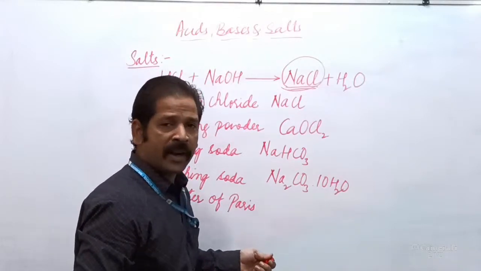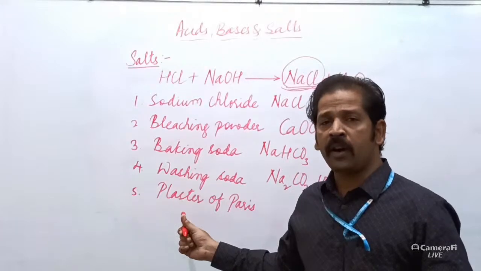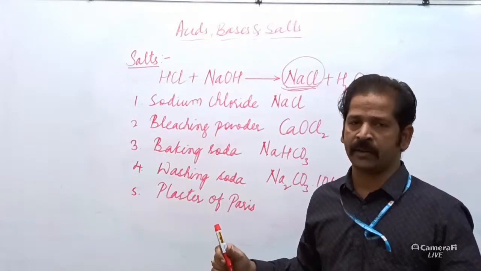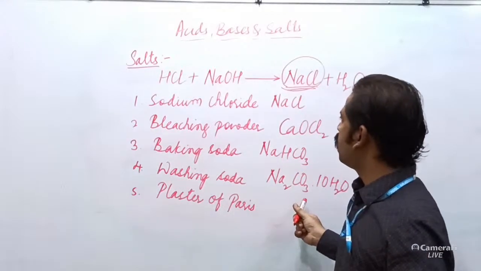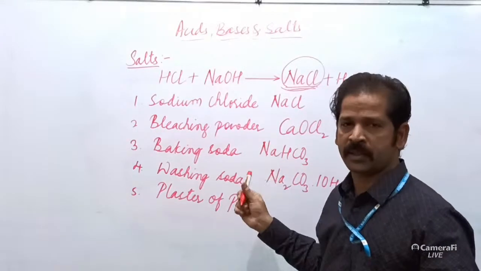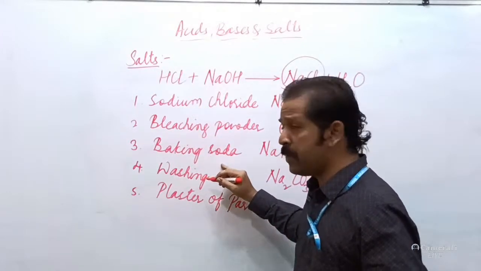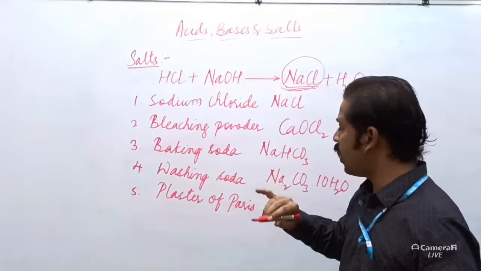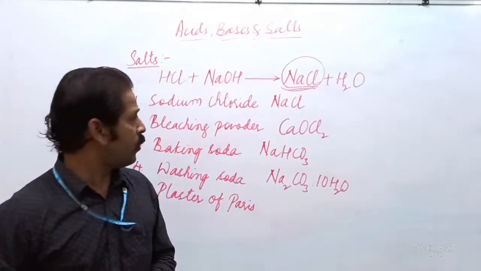Plaster of Paris is a chemical called calcium sulfate hemihydrate. Yes, these are the 5 salts of your syllabus: sodium chloride, bleaching powder, baking soda, washing soda, and at last plaster of Paris.